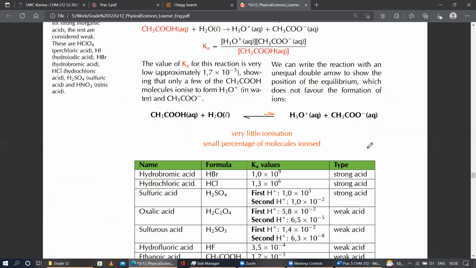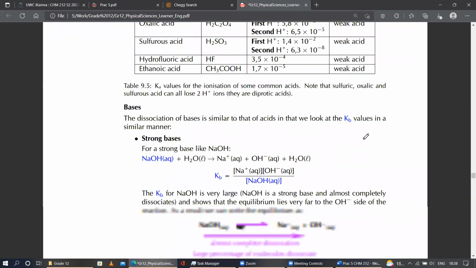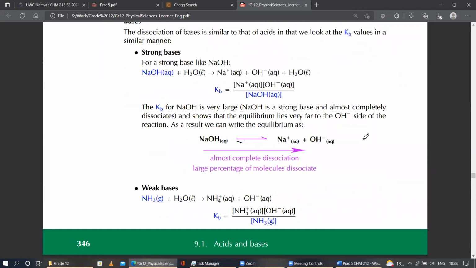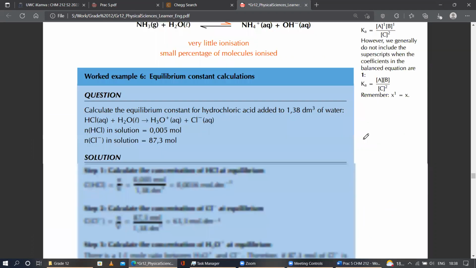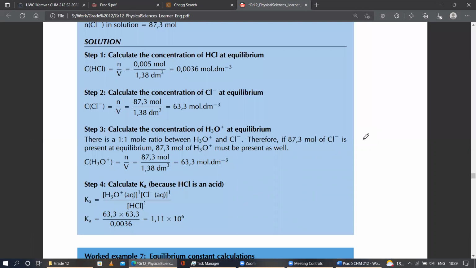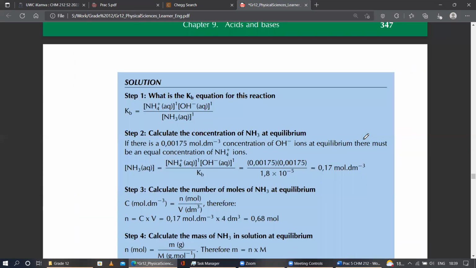So I think that's it, and the same applies to bases. But I don't think they're going to ask you that many questions about Ka and Kb in the tests and exams.